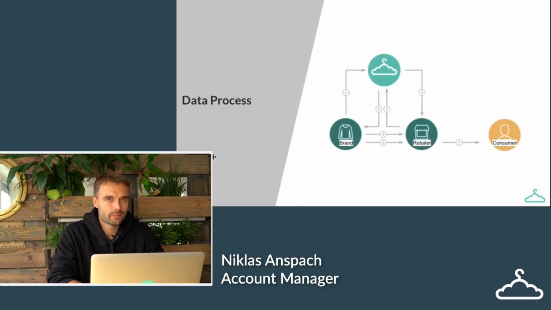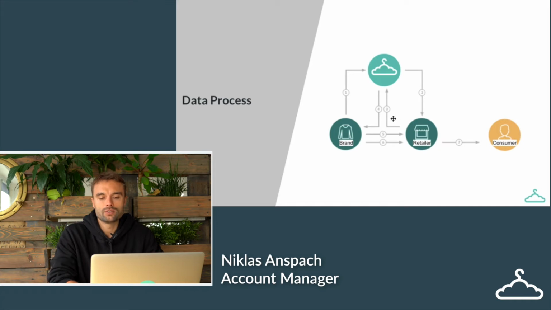Now, what exactly are the processes behind it? Here's a little chart, and it basically shows you how the data is transported between the different stations. The brand transmits the stock data to Fashion Cloud, to us. We send you the stock data in the store, and once you open the app on your sales floor, you make a stock request and then you order.